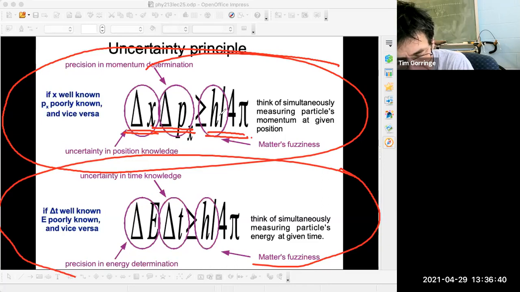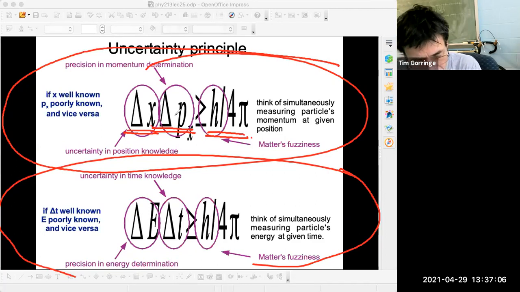And that limit is set by Planck's constant. Planck's constant divided by 4 pi. So the uncertainty in X and the uncertainty in the momentum always have to be bigger than Planck's constant over 4 pi. You can never know them simultaneously better than Planck's constant over 4 pi. And so that's the uncertainty principle.